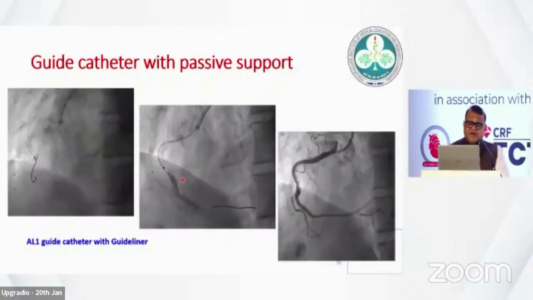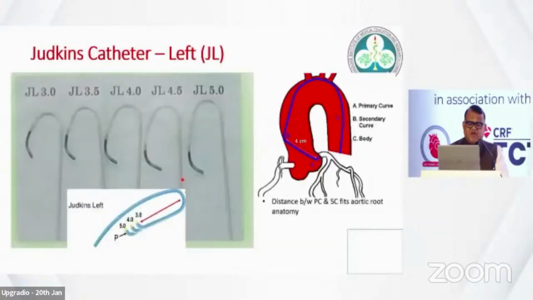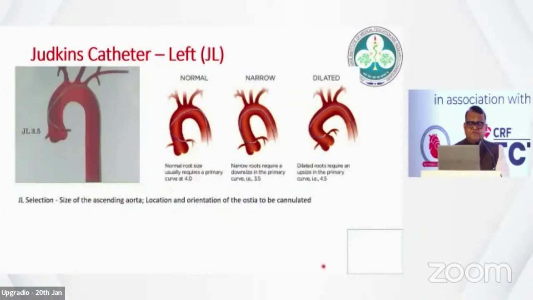Various types of guide catheters, some briefing about them. You have a Judkins left varying from 3 to 5, and it all depends on the length between the primary curve and the secondary curve. So it's 3, 4, and 5 centimeter in length. And with the bigger size, in case the aorta is dilated, it's a bigger size of the Judkins left, which is helpful for the cannulation of the left coronary artery.